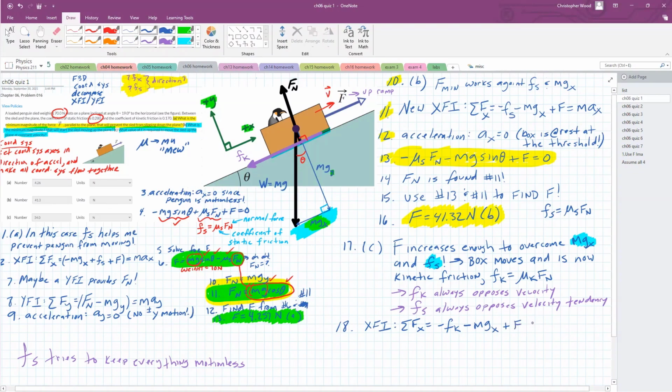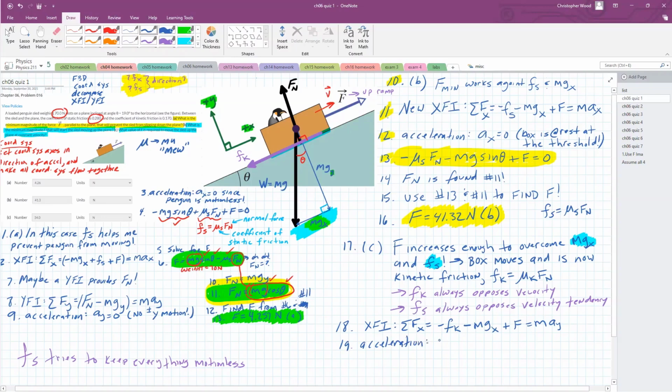Then I have F. That is it. So this is getting easier as we go along, because we just have to update the X force inventory. The Y force inventory stays unchanged because nothing is changing other than my static friction vectors. Next step is to say something about acceleration.